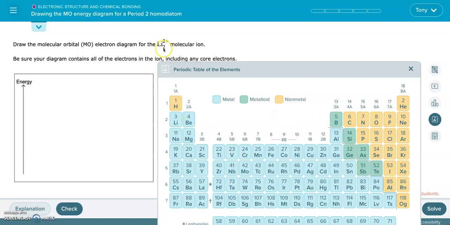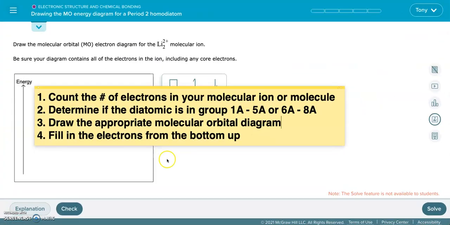Keep in mind that we've got Li2, and then we've got 2+. The way I would count this, one lithium atom will have 3 electrons. So I would have 6 since I've got 2. Since it's 2+, I've only got 4 electrons that I need to deal with. So step 1, determine the number of electrons that we have. In this case, 4.